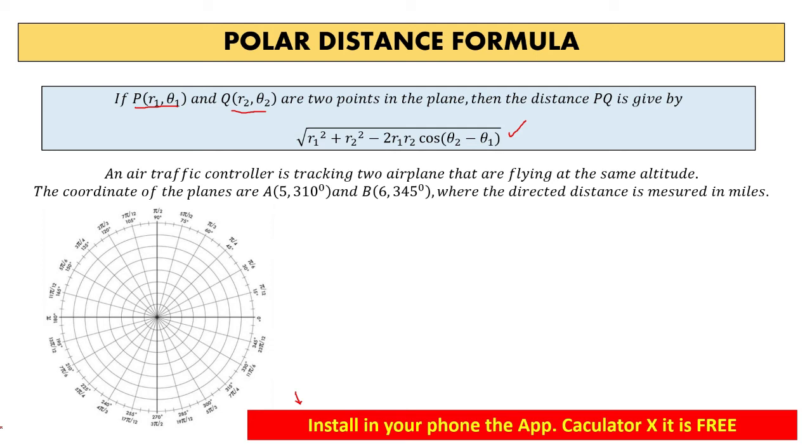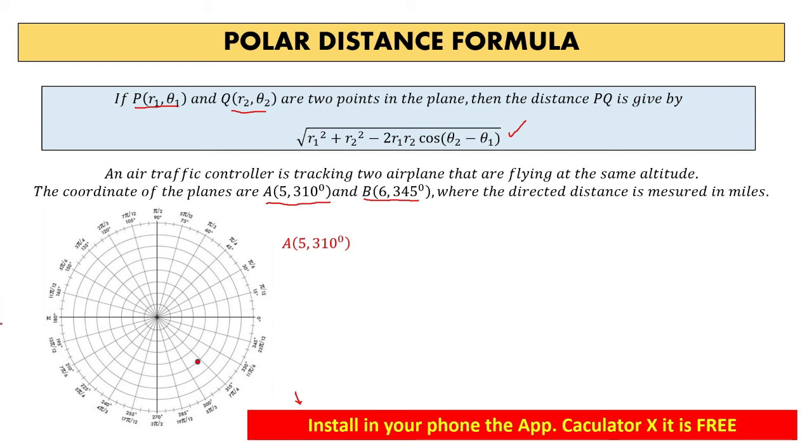Now, number one, I need to plug in the points. My first point A has r equal to 5, and the angle is 310 degrees. In another point, r is 6, and the angle is 345 degrees. Then the first point is here. Now you find the angle 310.